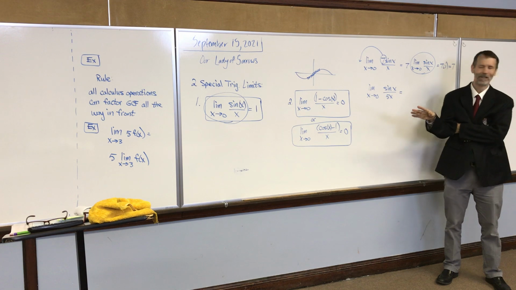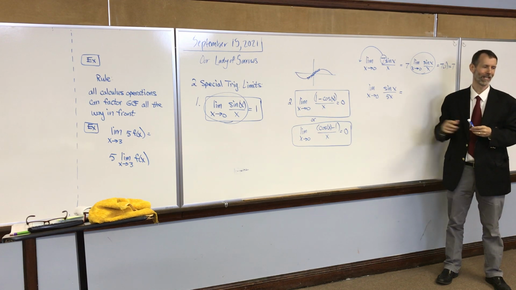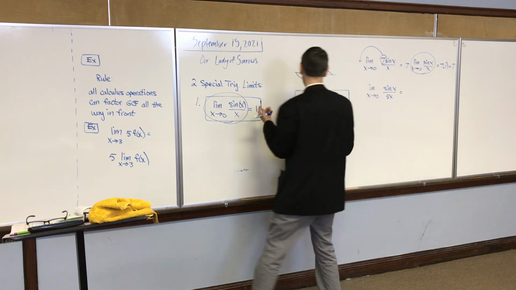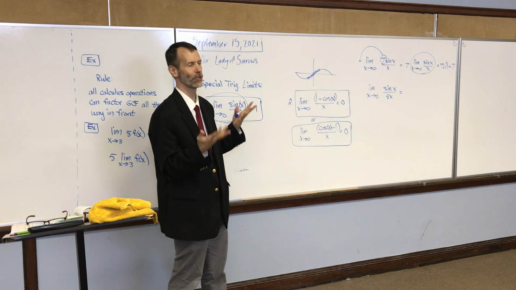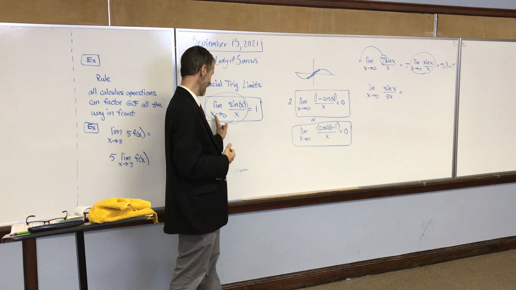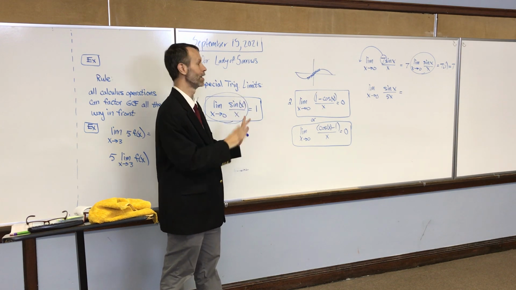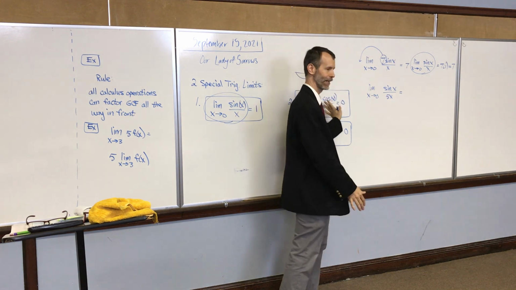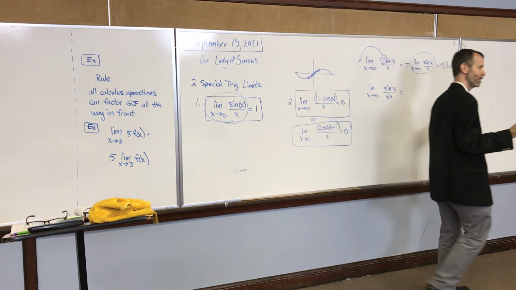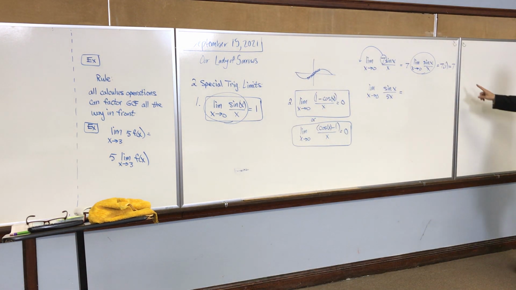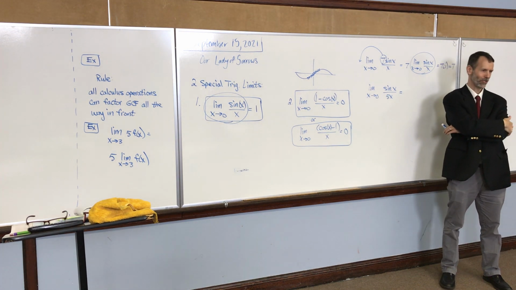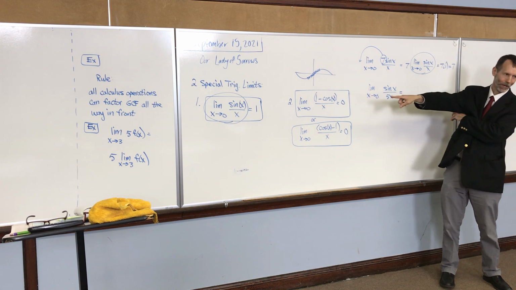No. No clue what the answer is. How come? Because there are only two formulas we've ever memorized that are special. X approaches 0 sine of x over x, that's the only one. Or x approaches 0, 1 minus cosine of x over x. Those are the only ones we know. This is not one of those. Can anybody see a trick by which you can transform it into something we do know?